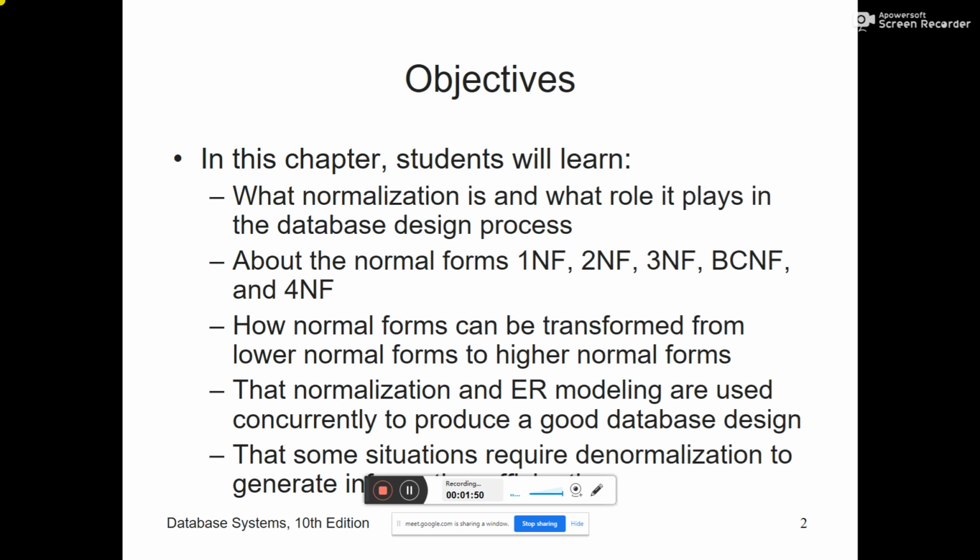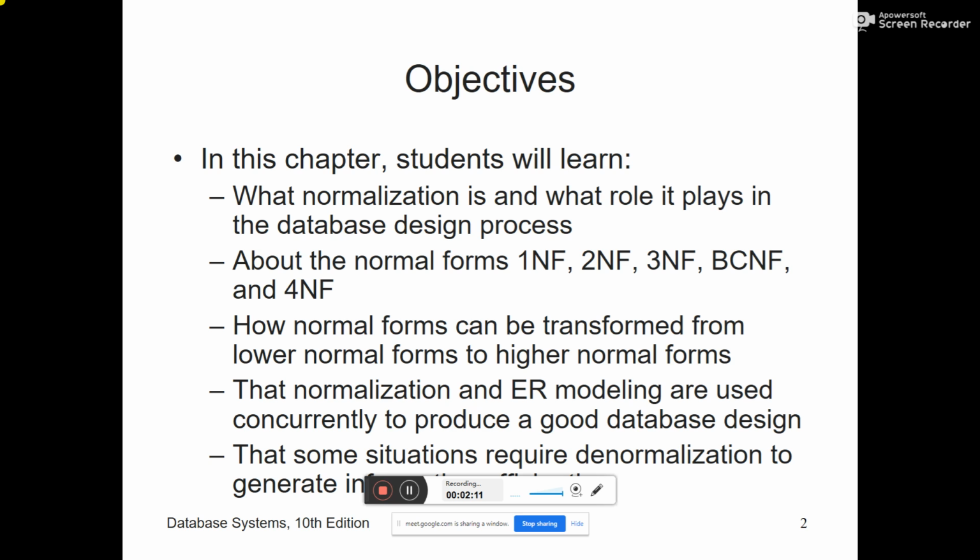In the start we will discuss what normalization is and its importance in database design. Then we have different normal forms, starting from first normal form, second normal form, third normal form, BCNF, 4NF, and sometimes 5NF also. We'll go only from first NF to 3NF.